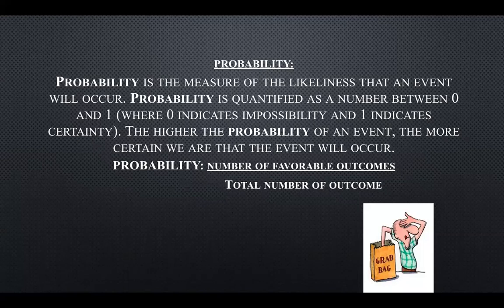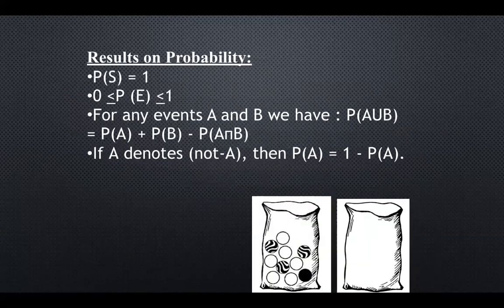So there are certain results on probability which you need to know. The probability of the sample space will be 1, because if the total number of possible cases is x and we are finding the probability of the sample space, the number of favorable cases is also x. So x by x will give you 1.